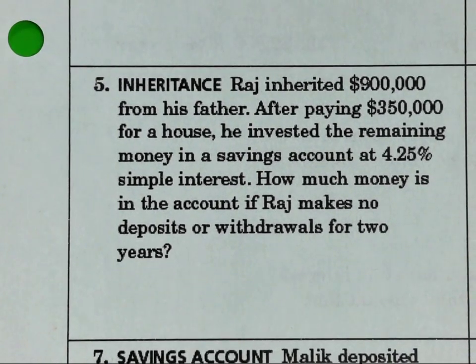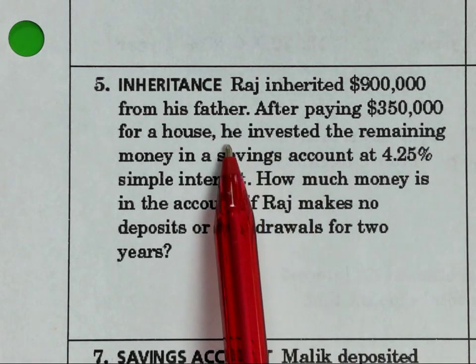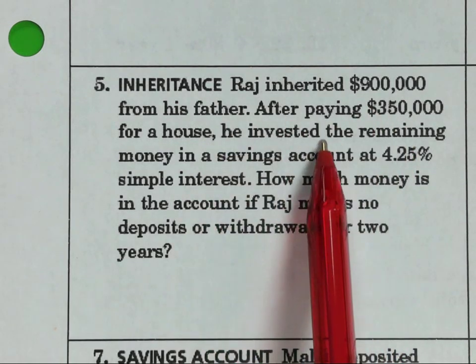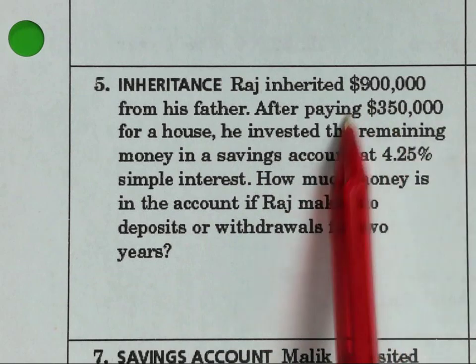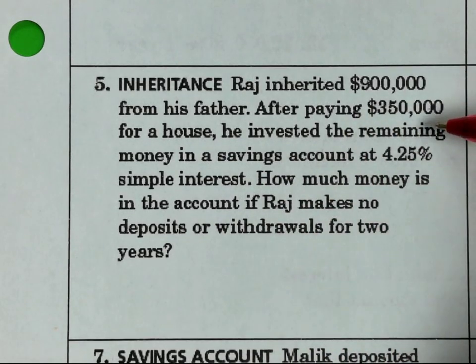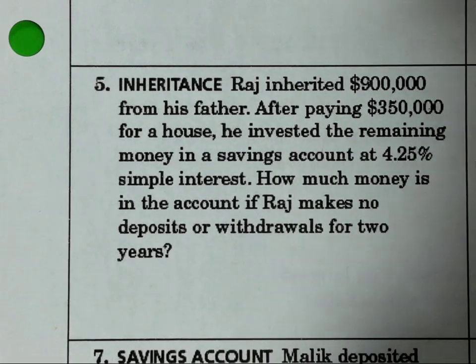So what is my P going to be? We're going to subtract the 2 numbers because it says after paying $350,000, he invested the remaining amount of money in a savings account. So we have to figure out how much he had left after he bought that house.